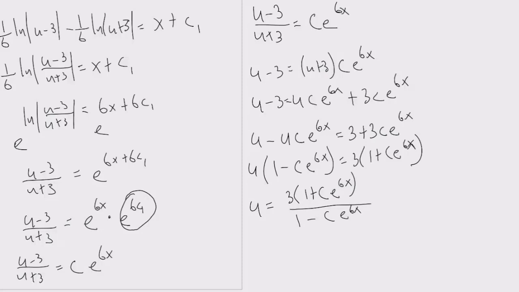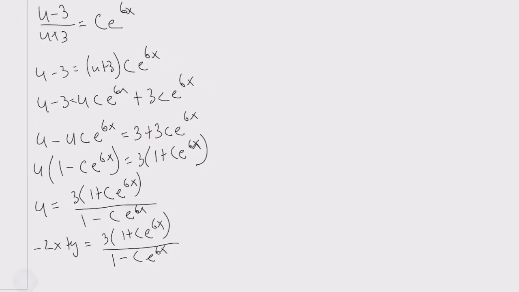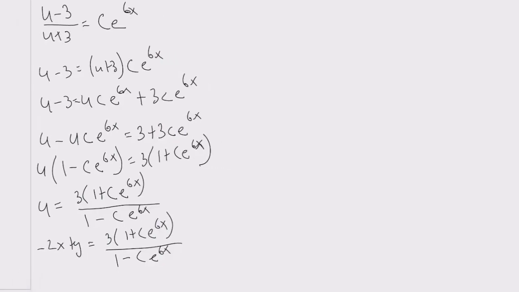Okay, now let's replace u with that expression we had. So u was negative 2x plus y. All that lovely stuff. And if I wanted to solve for y, that's just moving the 2x over.